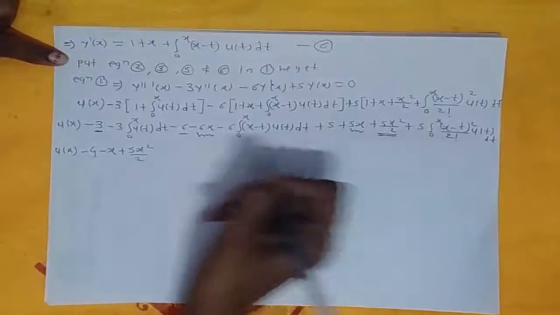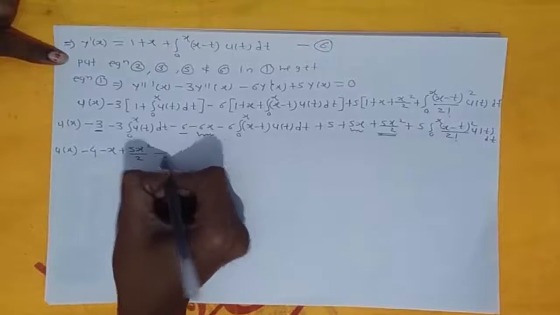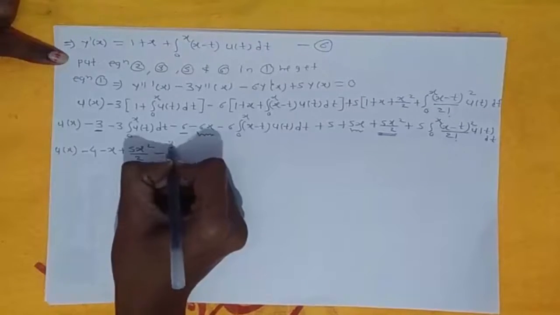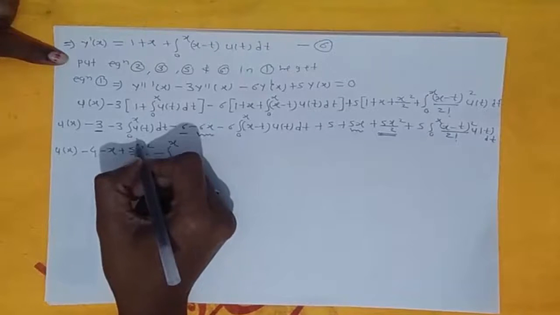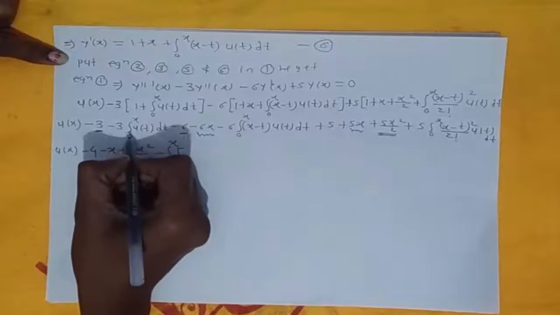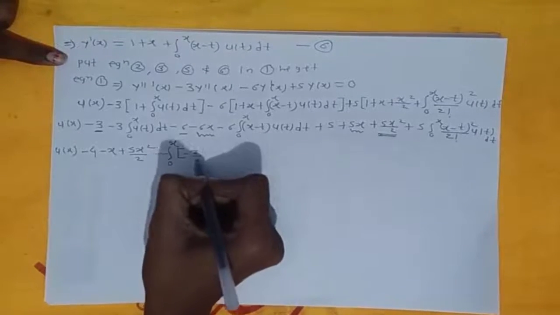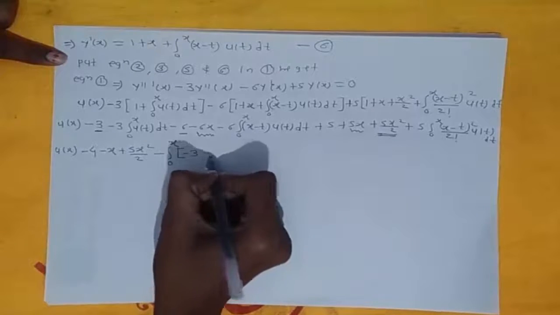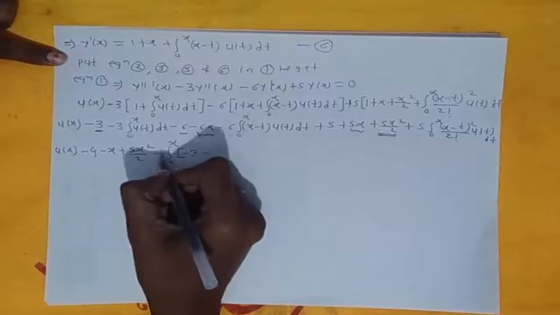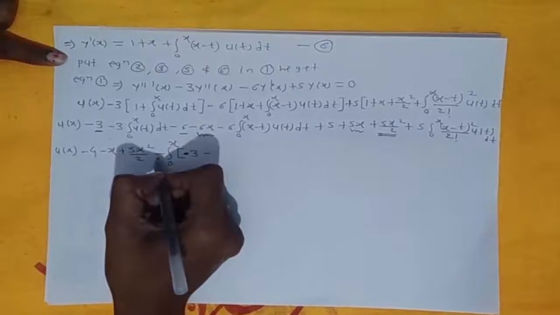Then we combine this integration from 0 to x, that is minus integration from 0 to x. We take the minus sign outside, and then in bracket we write the coefficient. Here the first integral coefficient is minus 3, therefore here minus 3. Then the second integral coefficient is not minus 3, plus 3 only, because we take the minus sign outside.